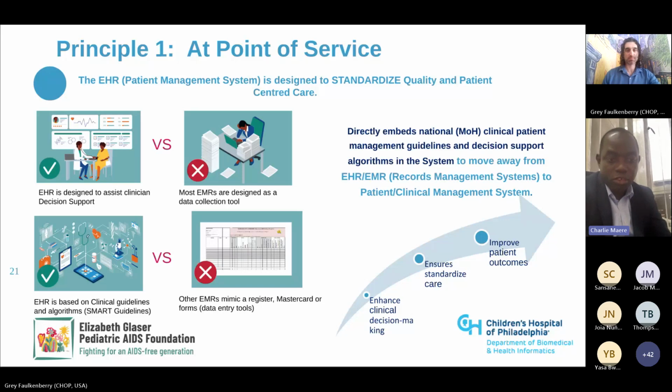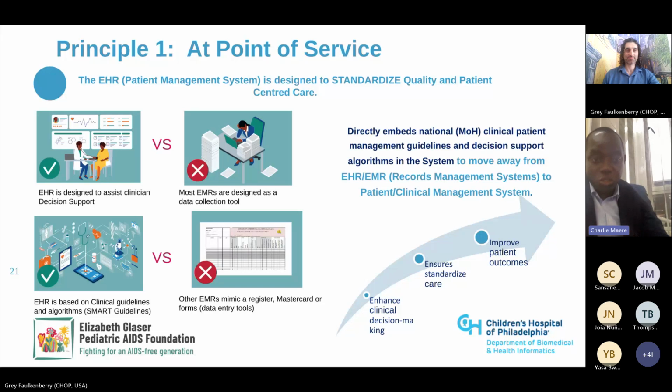We are also thinking of systems which are based on clinical guidelines and algorithms, which are called smart guidelines, and moving away from systems which just mimic a register, paper forms, or MasterCards for collecting data. Specifically, this is moving away from record management systems into patient or clinical management systems.